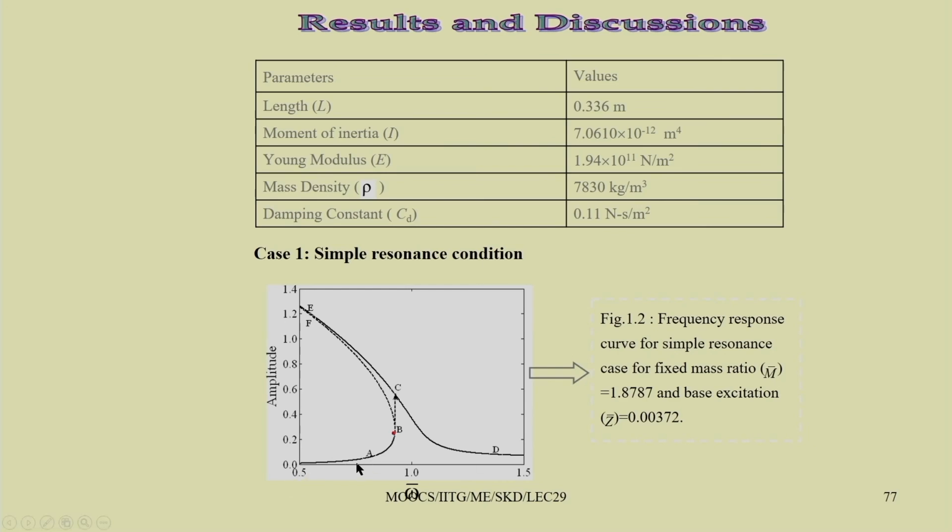So, you can see this hysteretic effect. That means while you are sweeping the frequency in the upward direction, it follows A, B, C, D, where there is a jump up phenomenon. While you are reducing the frequency, it will not follow the same path, but it will follow another path, that is D, C, E, and it will jump down to a point in the lower branch.